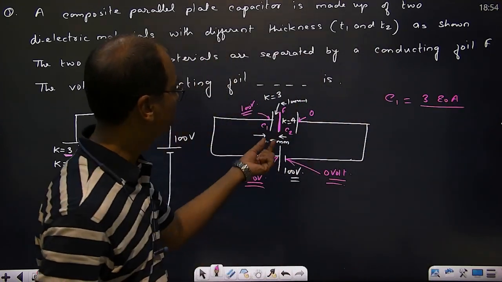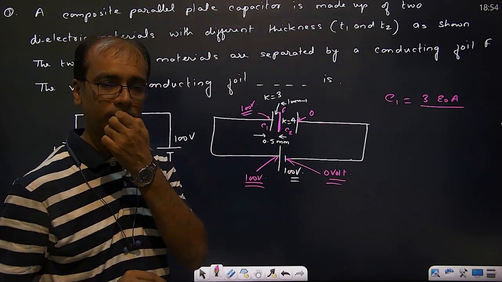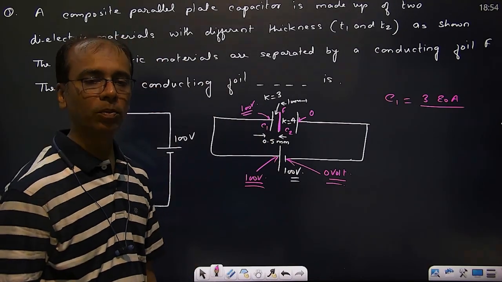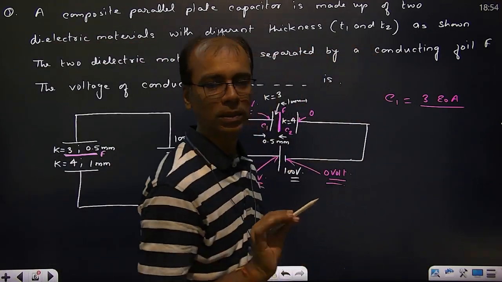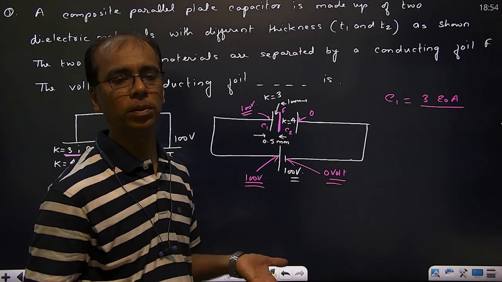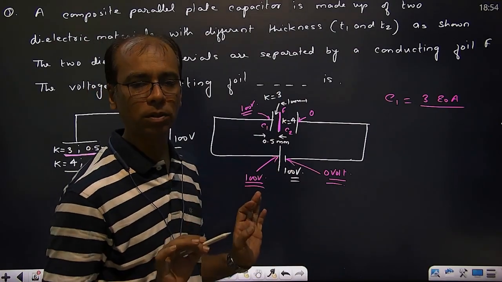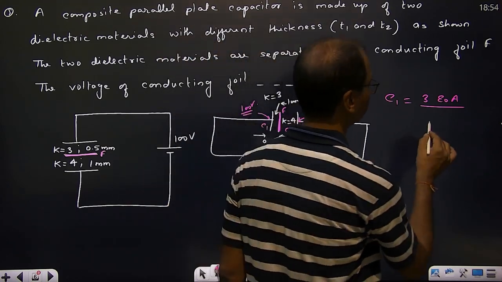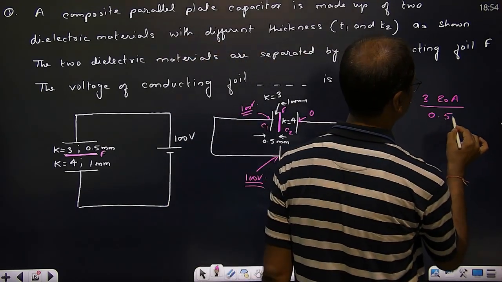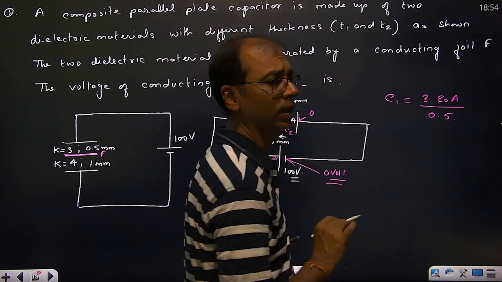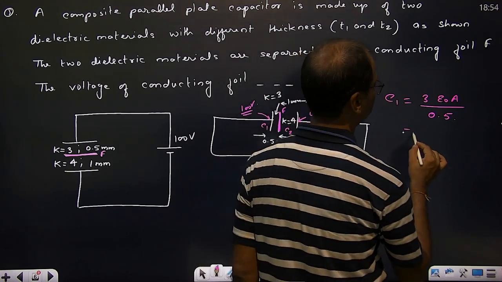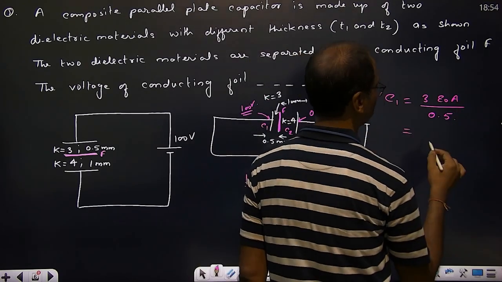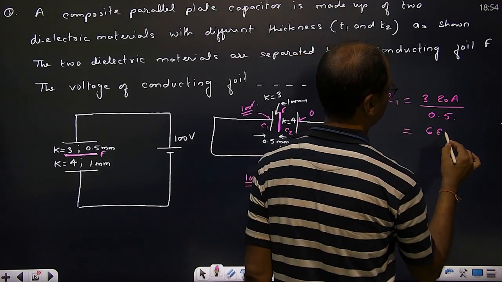Now D value is how much here? 0.5 mm. Don't convert it in meters, because unnecessarily 10 to the power minus 3 will come. Let it be in millimeter only. So 0.5, shall I write 1 by 2? Yes. So 1 by 2, 2 will go at the top. So it will become 6 epsilon naught A. That's C1.